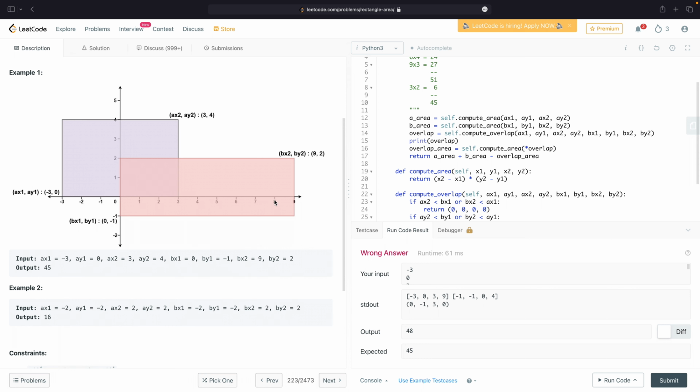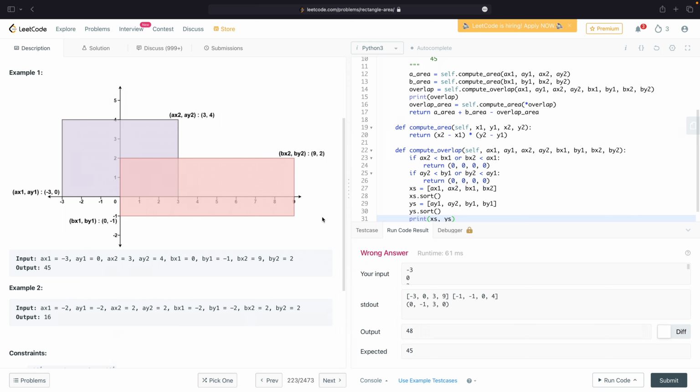Yes, that's expected. So I should be doing 0 to 3. But here, and the y's are -1. It should be -1, 0, 2, 4.